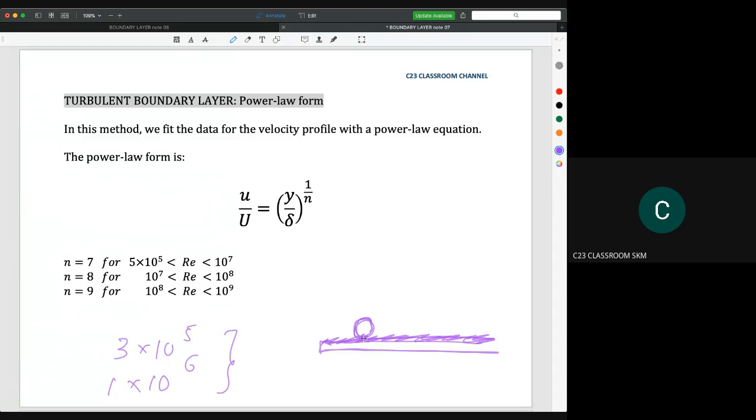Okay, however, in our syllabus, it is okay for you to take 5 times 10 to the power of 5 as the boundary between the laminar boundary layer and the turbulent boundary layer. So please remember this number, 5 times 10 to the power of 5.